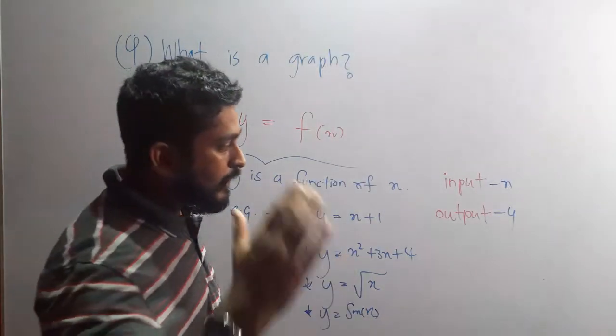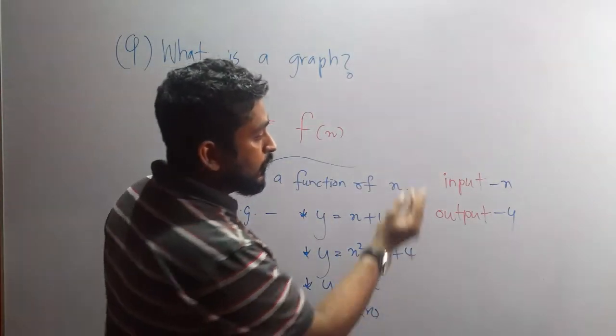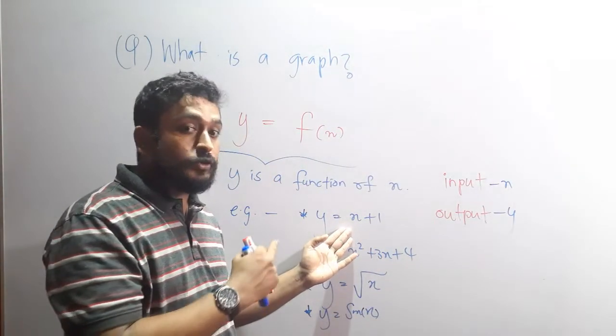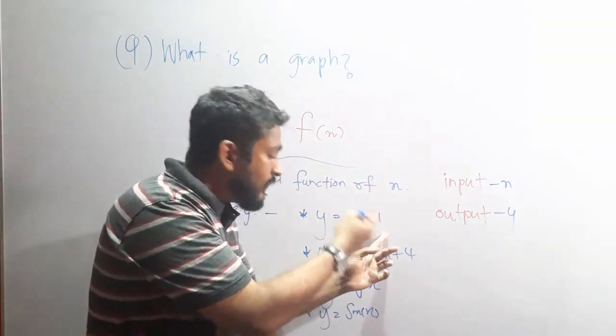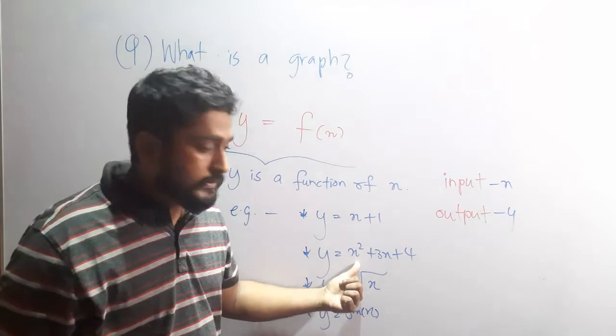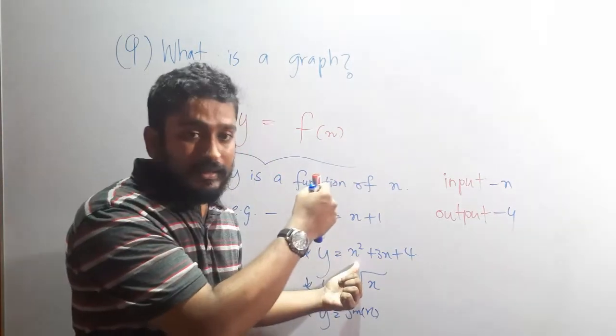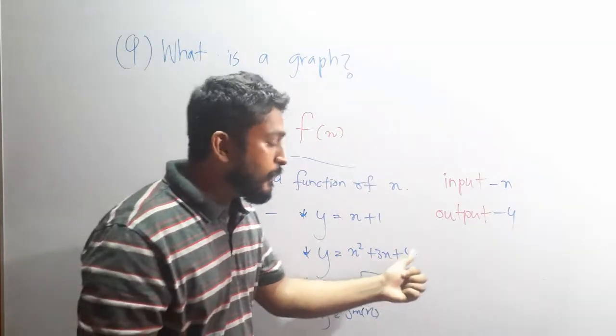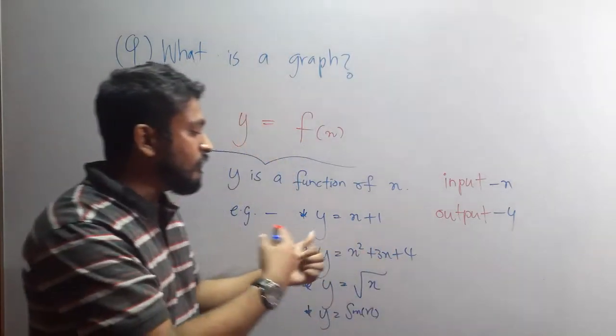So let's say you input something for x and it should be added to 1 to give the value of y. Here you are giving the input to x. It is squared, then it is added to 3 times the same input, then added to 4, and only then it gives the value of y.